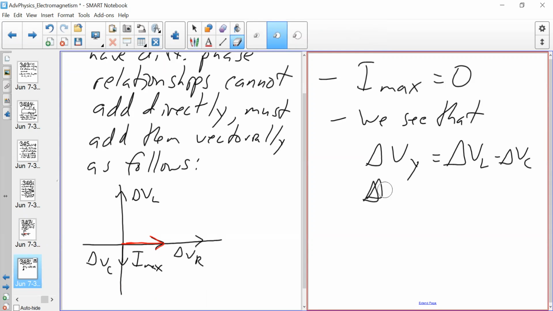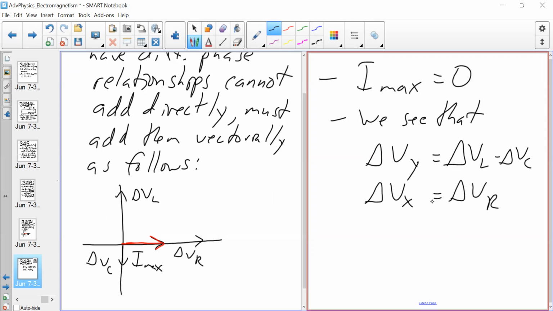The delta Vx is equal to delta VR. That's the only voltage on the x-axis.